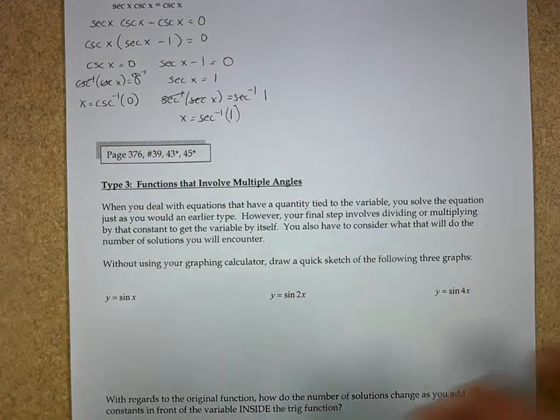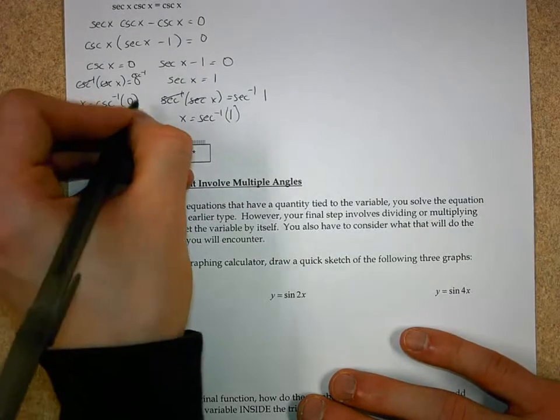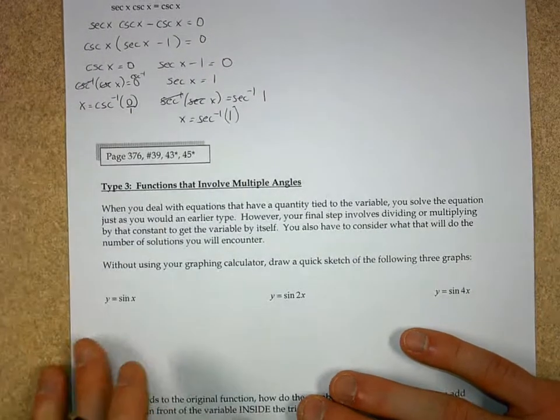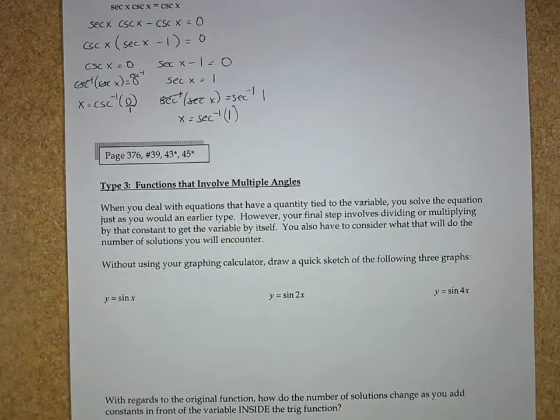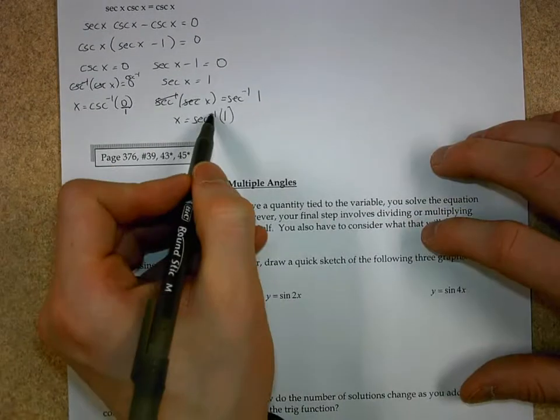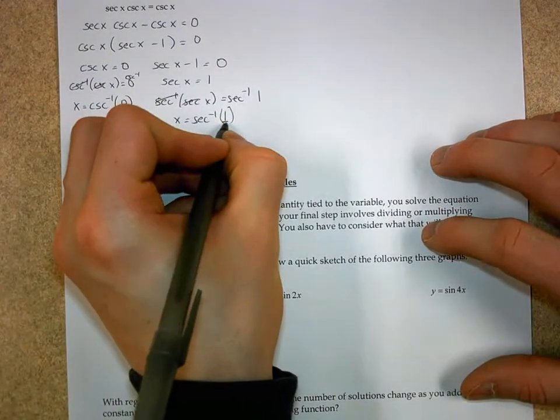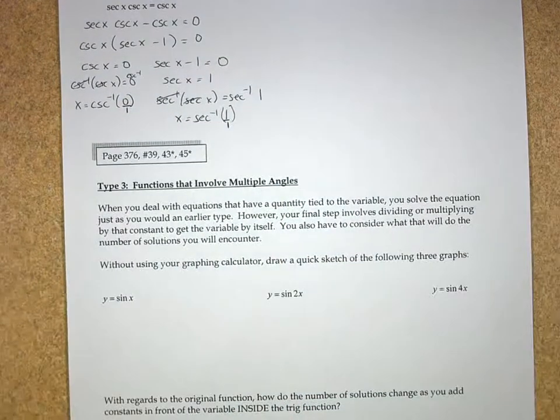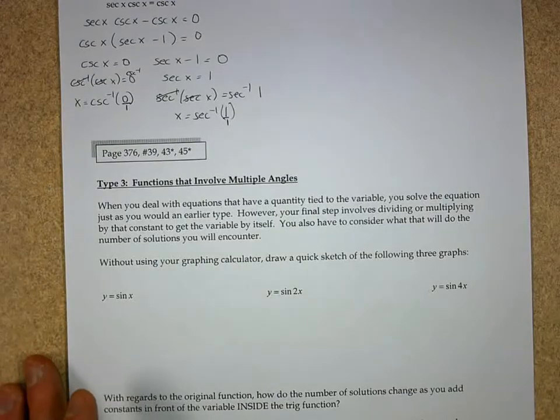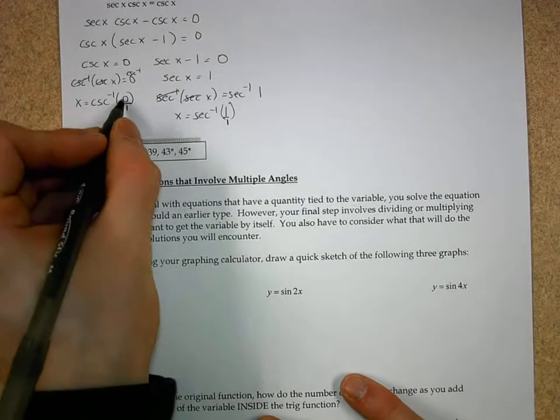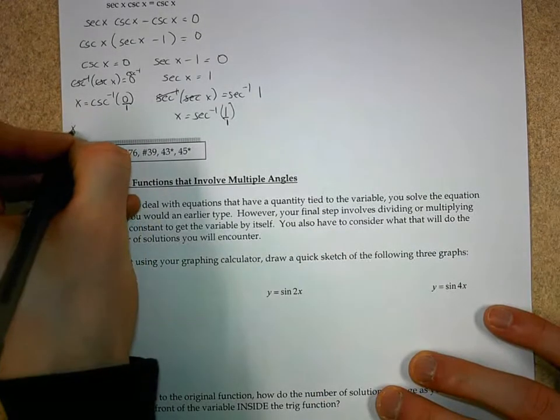So the first part, cosecant inverse of 0, we can put that as 0 over 1. That's the same thing as 0. And the secant inverse of 1 is the same thing as 1 over 1. I only have sine, cosine, and tangent on my calculator, so I need to rewrite these in terms of those.